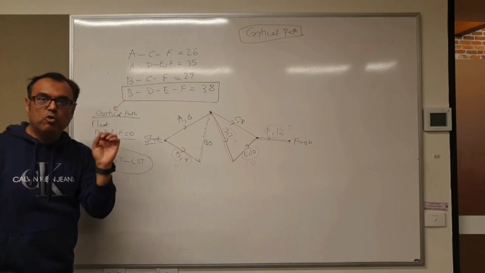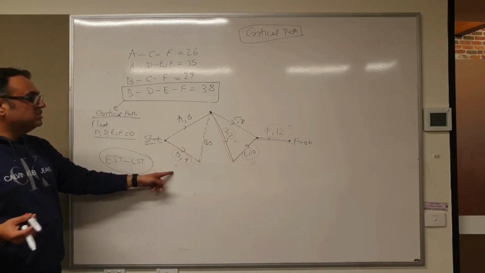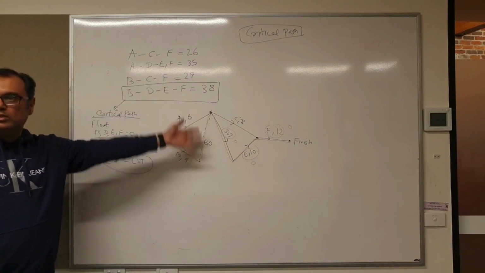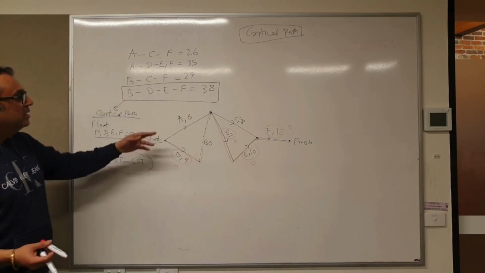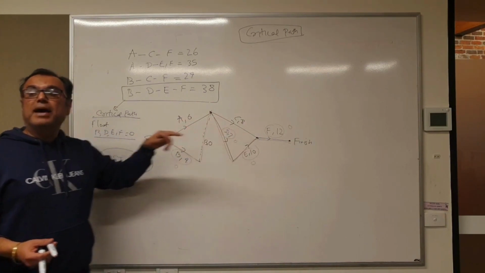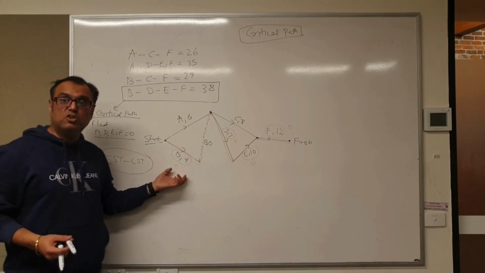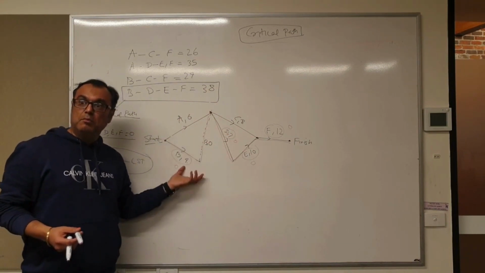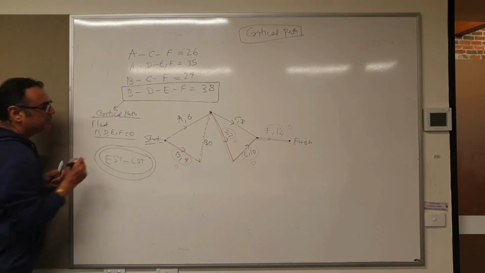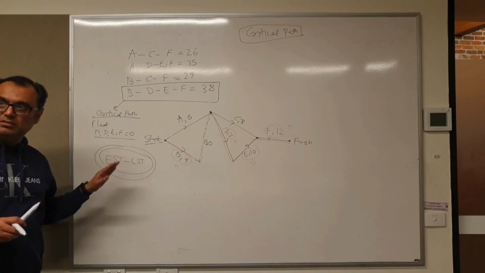That means float is 0. Float is how much time you can delay. So float is 0 means that you cannot delay it even by a minute or a day, depending upon the context of the question. Now you can certainly delay A and C. By how much will be decided by its float, because float is not 0. It will be more than 0. What that number is, we are going to calculate using this LST EST method, right?